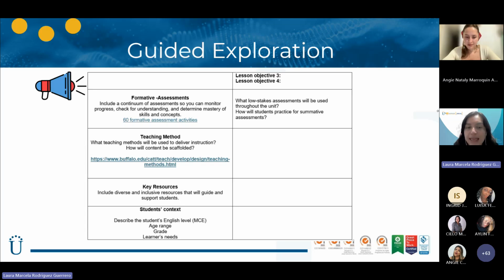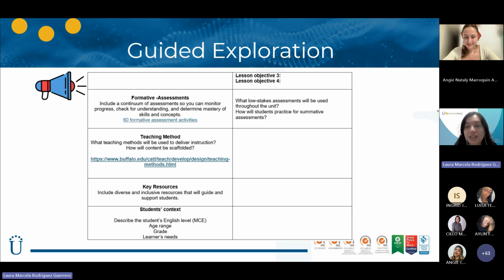In these parts, you also have to specify what low stakes assessment will be used through the unit, so across each lesson. So what activity you're going to use, you have there some exercises, some examples that you can use in your lessons and in general in your unit.